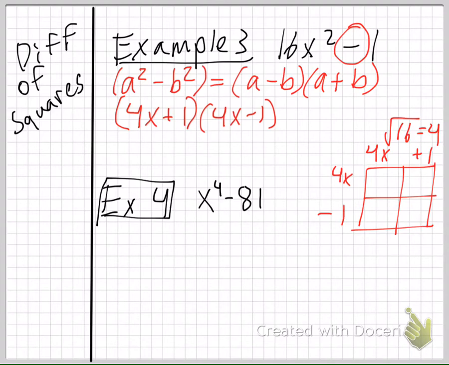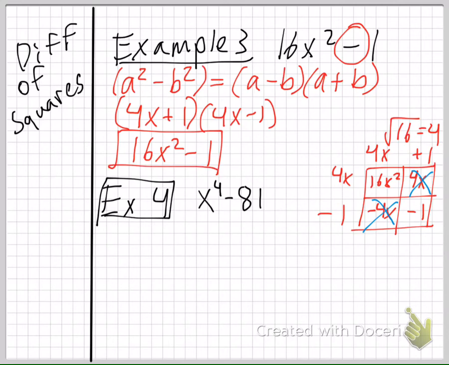So you would get 16x squared, you would get 4x, you would get negative 4x, and you would get minus 1. And we see that here, these two terms will cancel out, and we're left with 16x squared minus 1. And that was our original answer. So that's a good way to check and see if you've done the right thing.